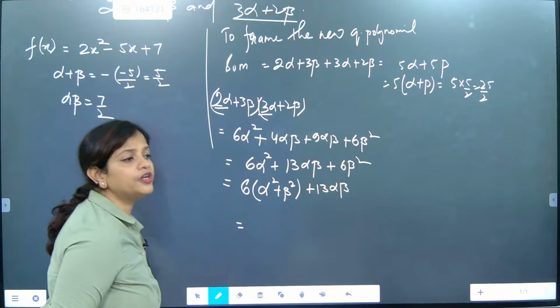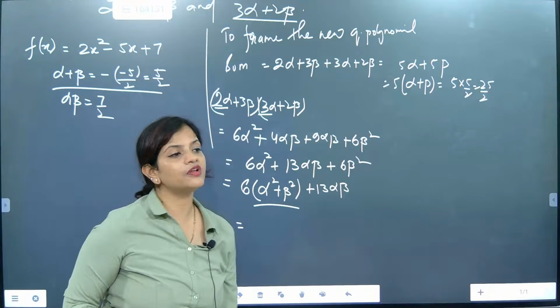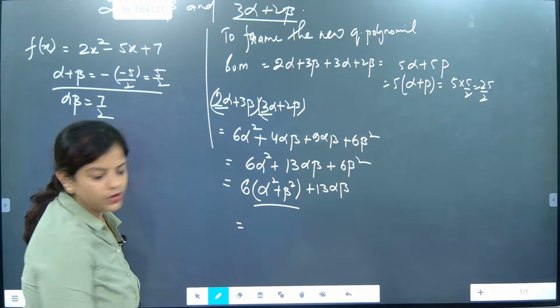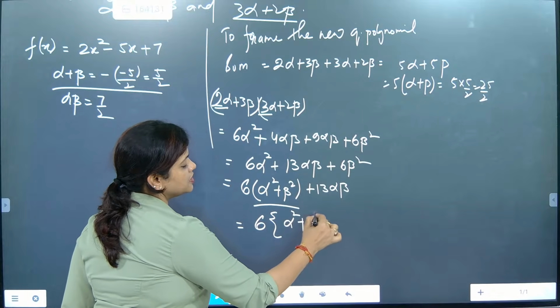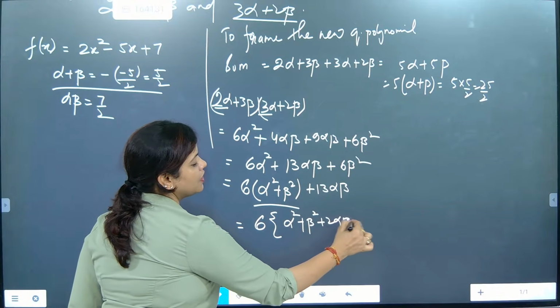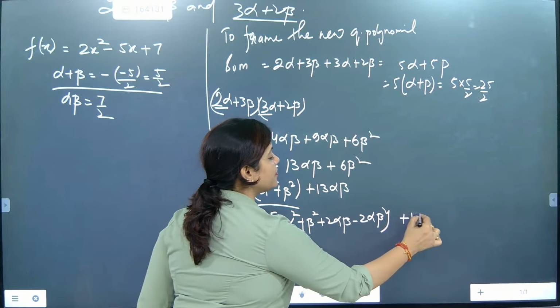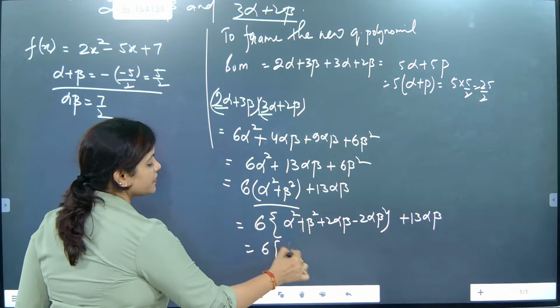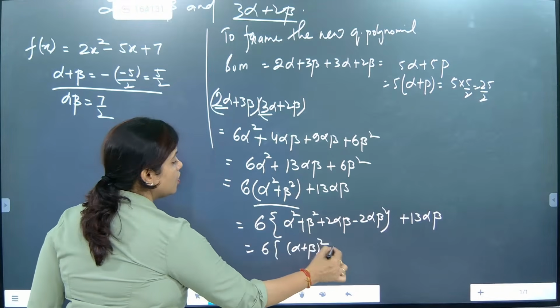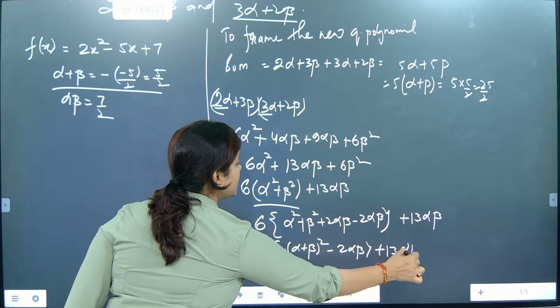Quickly try to convert it because alpha plus beta value you are having, but alpha square plus beta square value you don't have. So for that, what you are going to do is alpha square plus beta square, you add 2 alpha beta, you subtract 2 alpha beta. So now it is going to become alpha plus beta whole square minus 2 alpha beta plus 13 alpha beta.